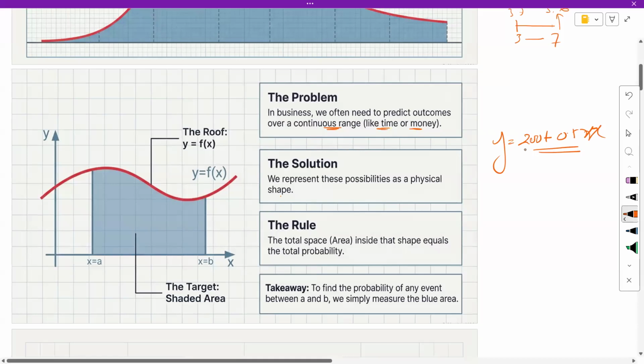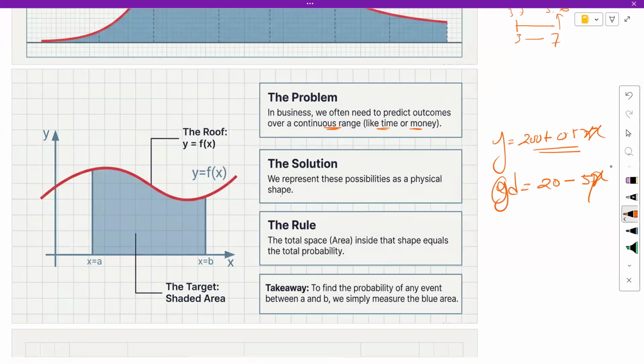This is a sales function or demand function, like quantity demanded equals 20 minus 5p. So this is a function. Continuous probability distribution is most of the time represented in the form of functions.